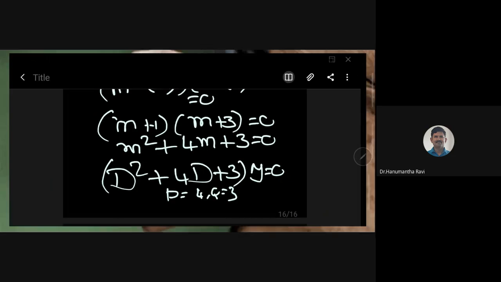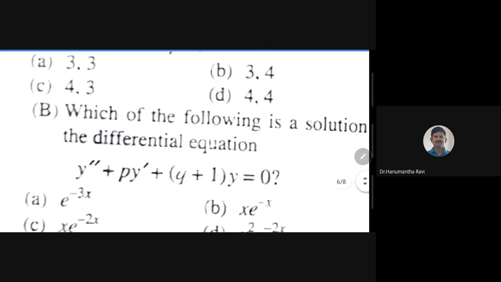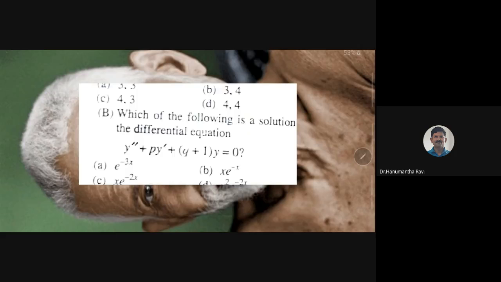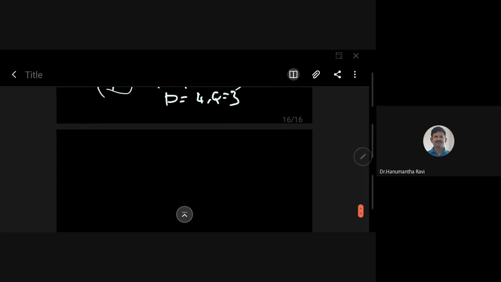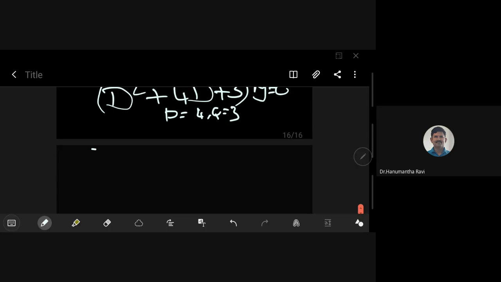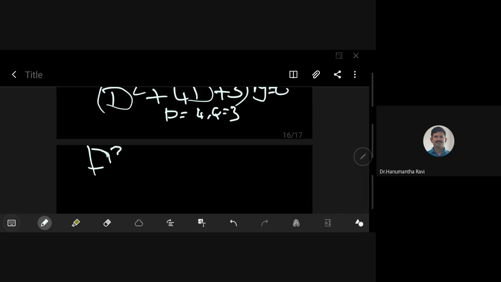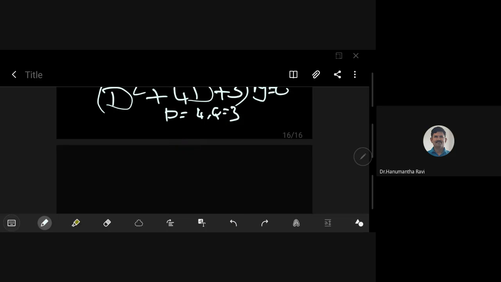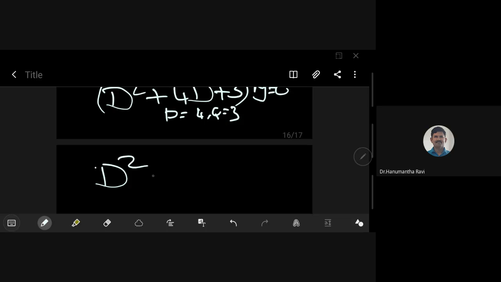So in part B, he is talking about y double dash plus p y dash plus q plus 1 into y. So we have D square plus 4D, q plus 1 is 4 again, y is equal to 0.